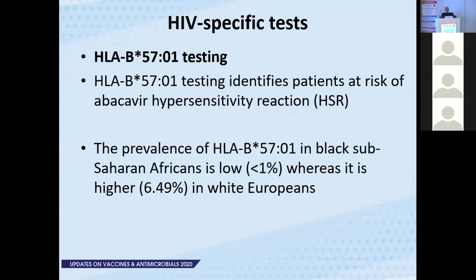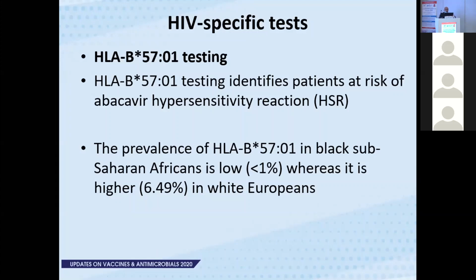The fourth test is the HLA-B*5701 testing. This test is usually done to identify the patients at risk of abacavir hypersensitivity.